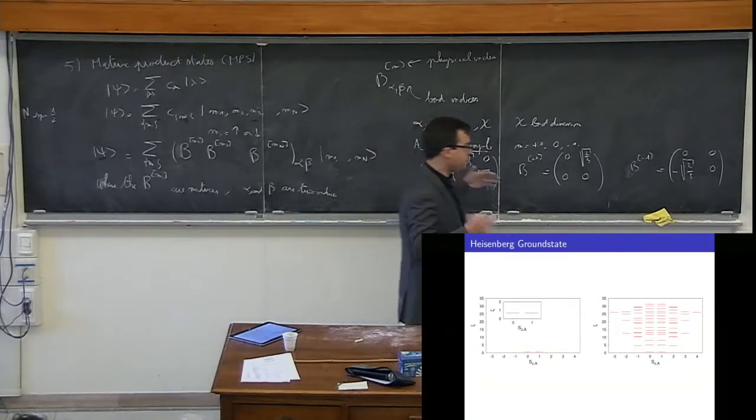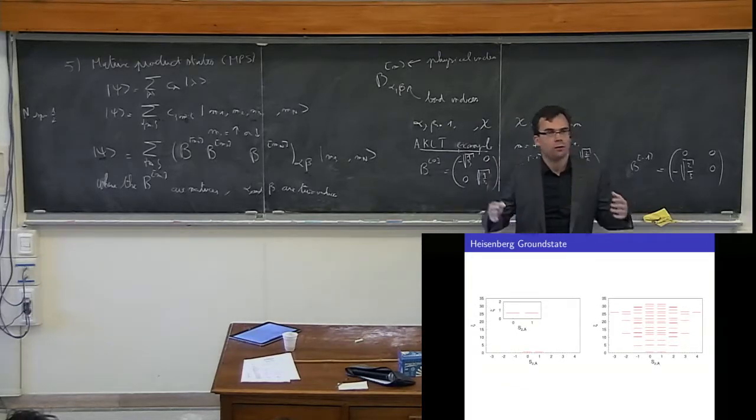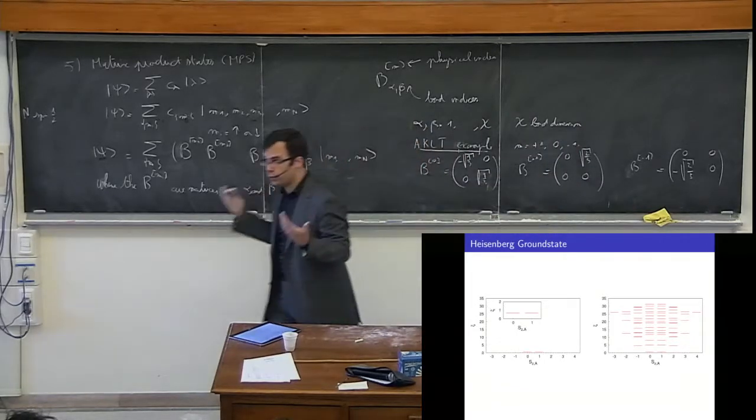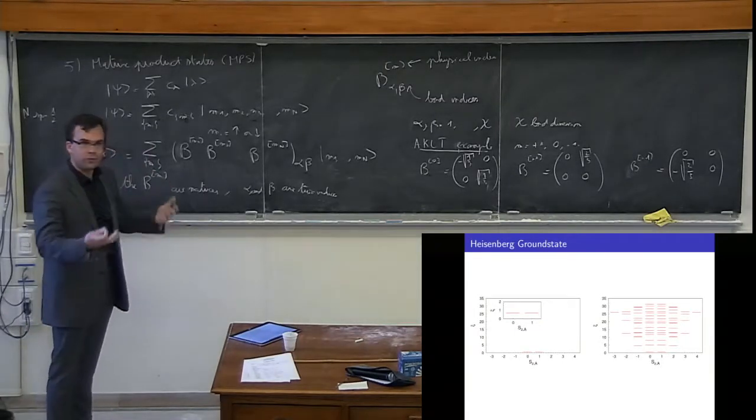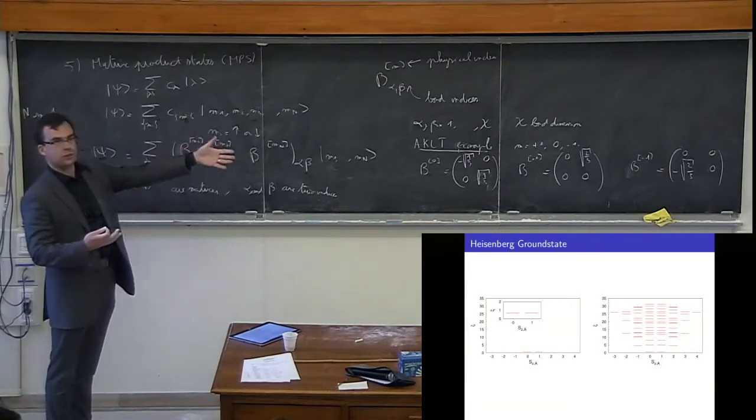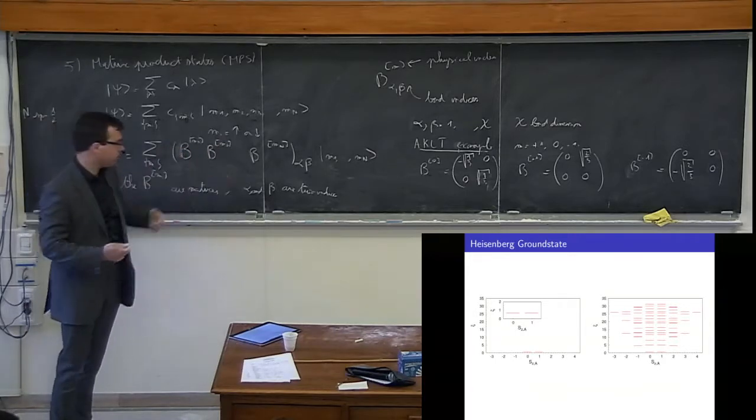So if you use these 3 matrices, no matter how many spin 1/2 you have in your system, you will be able to write down the decomposition of the AKLT ground state just using some matrix multiplication.